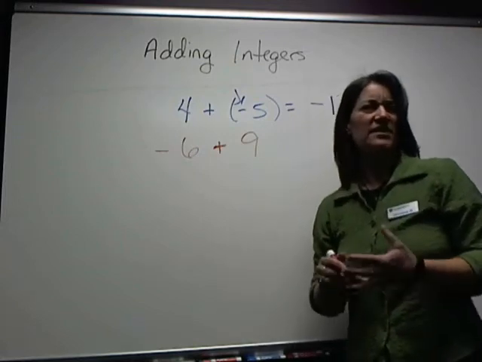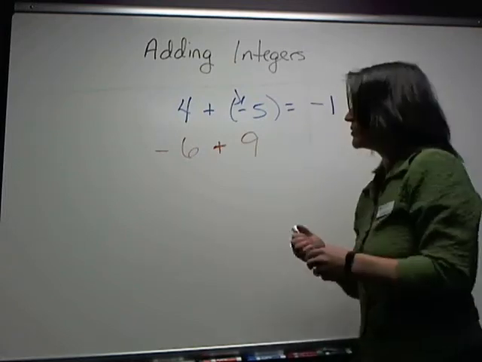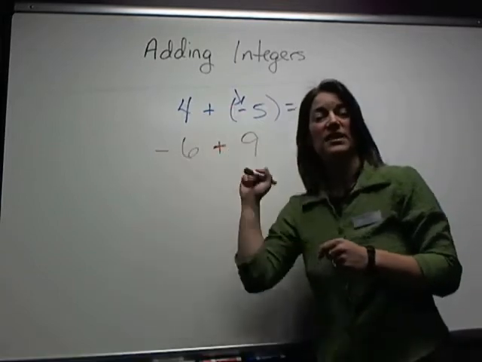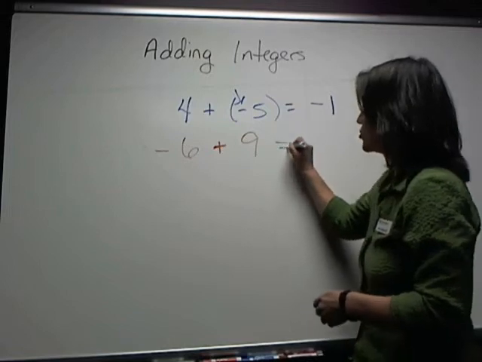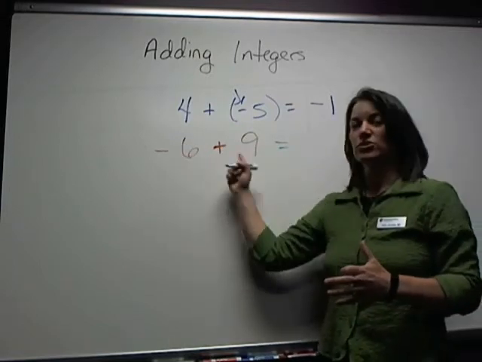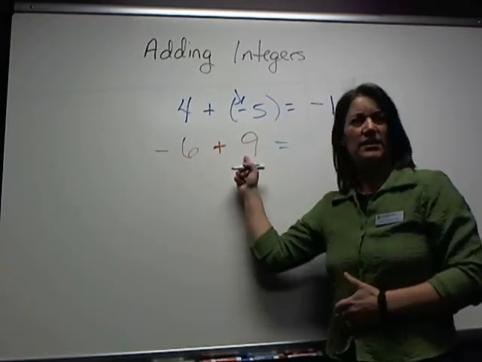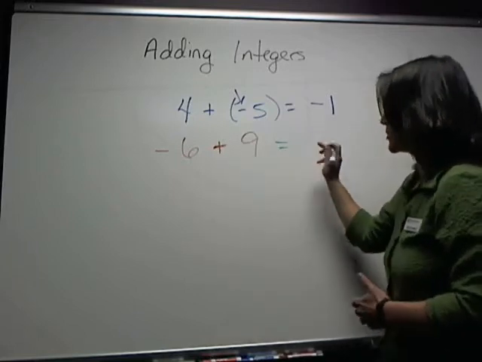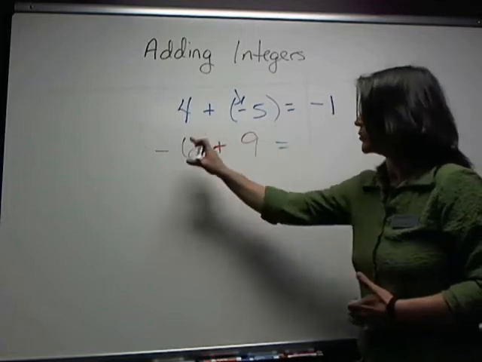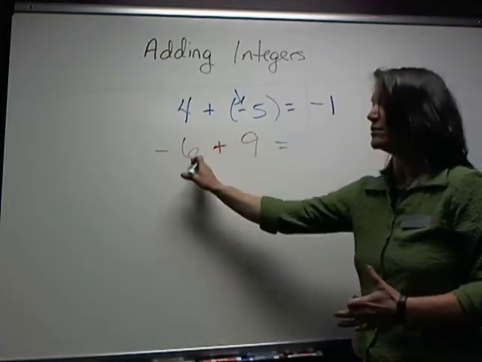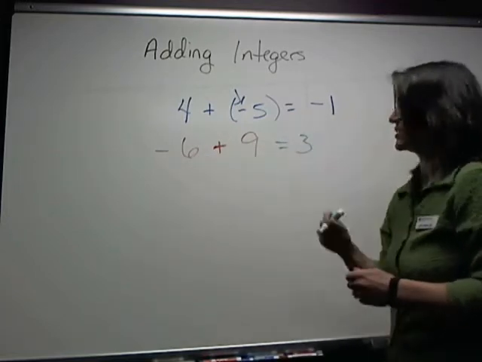When that's the case, that's when we subtract the two numbers and keep the sign of the larger. So I look at it and say, okay, my larger number is 9. The sign on the 9 is positive, so my answer will be positive. We don't write anything for that. And so then when I do my subtraction, I would go 9 minus 6 and get the answer of 3.